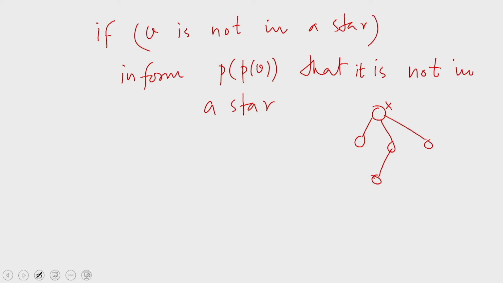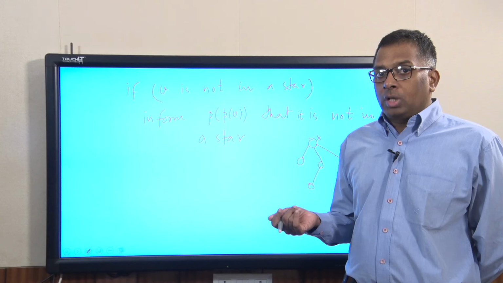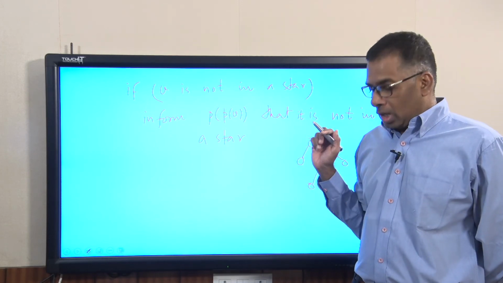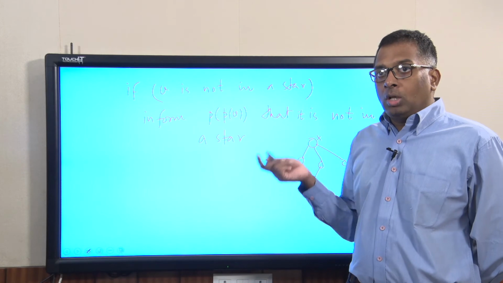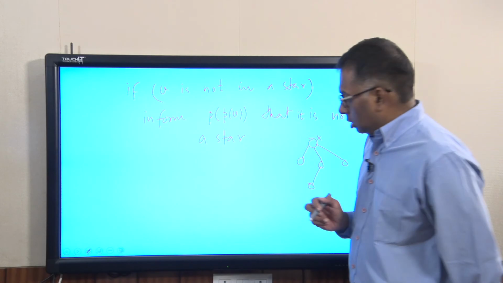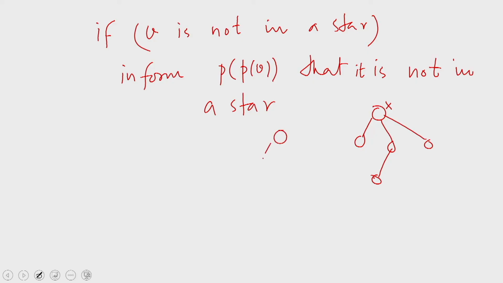So, those roots which are of trees that are not stars now know that they are not roots of stars, and by omission all the other roots now know that they are roots of stars. For example, if a node has no grandchild and in this step it was expecting a grandchild to come and inform it that it is not in a star, but no grandchild comes, at that point that vertex knows that it does not have a grandchild, which means it is a node of the star.